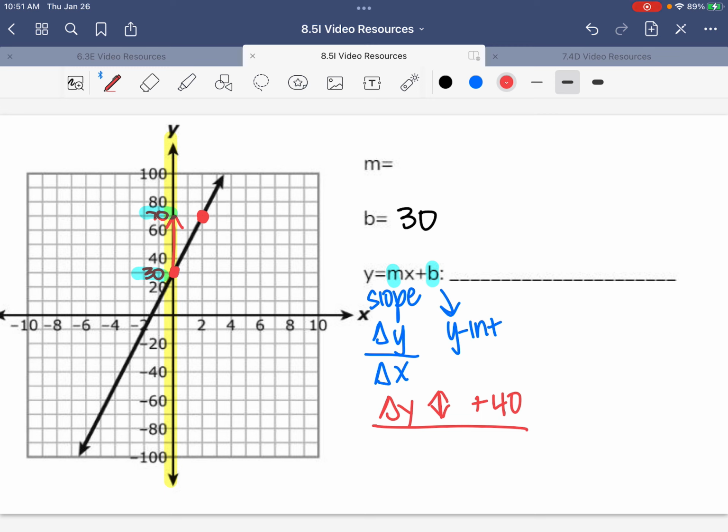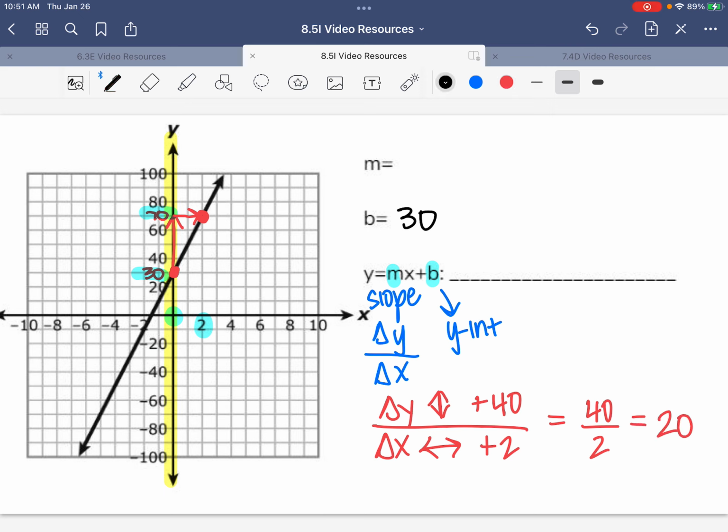And then my change in x, which is that left or right, I'm going from 0 right here, all the way to 2. So that is an increase of 2, which tells me that my slope is 40 halves, or 40 divided by 2, which simplifies to 20.